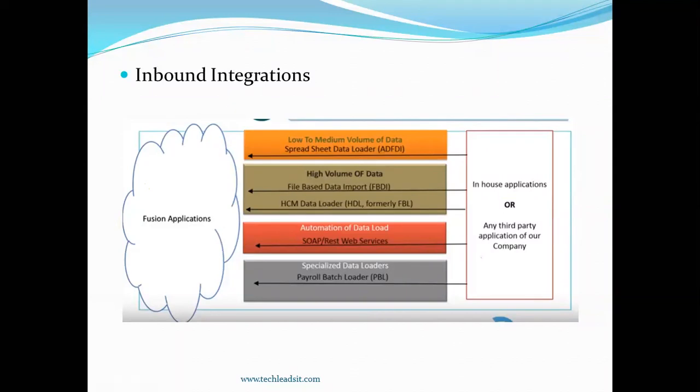Then we develop a SQL package to validate the data, insert data into the interface tables, and invoke a standard concurrent program so that data goes to the main tables. That is the inbound pattern in our EBS.